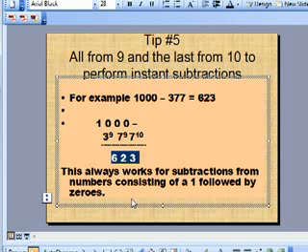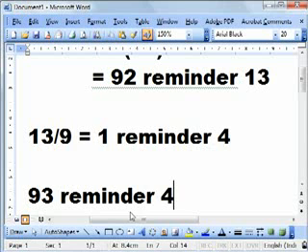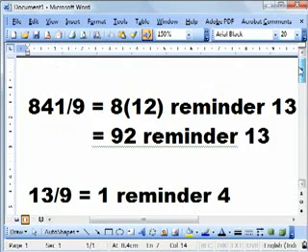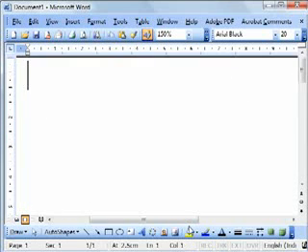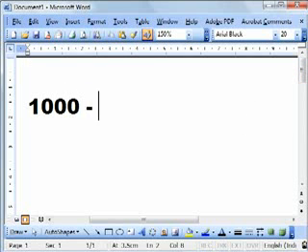So it's easy. Let me demonstrate that with another example. Say 10,000 minus 567.